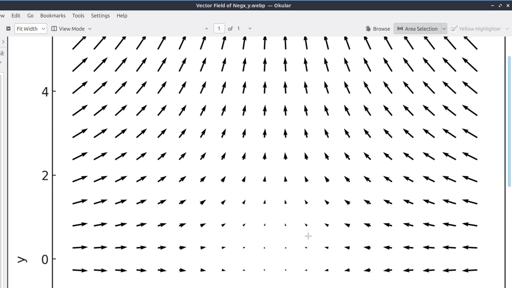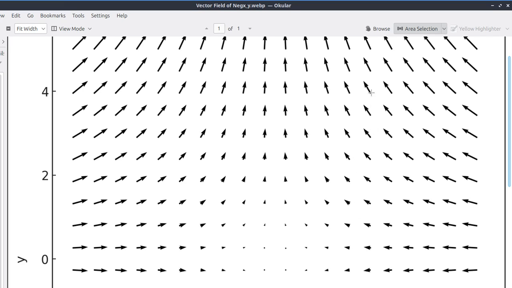So it's negative 0, which is 0, and then you go up y. 0 would be right in this area. As you go to the right, at positive 1, you have negative x. So it should be pointing to the left, and then y up.